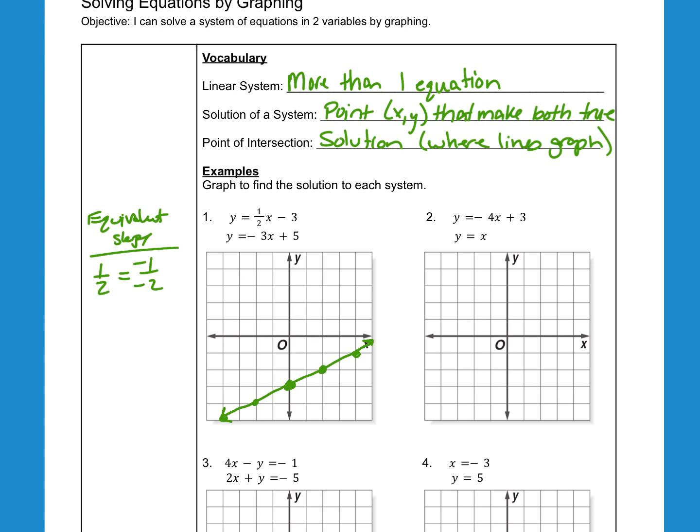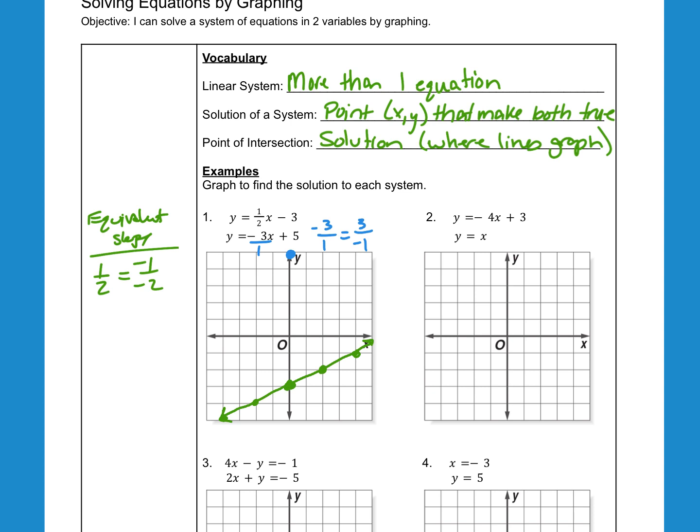And I'm going to graph the second line. My y-intercept here is 5, so I put my y-intercept at 5. My slope is -3, as a fraction that's -3/1. So I can go down 3 and then right 1, or I could also go up 3 and then -1, which is left 1.